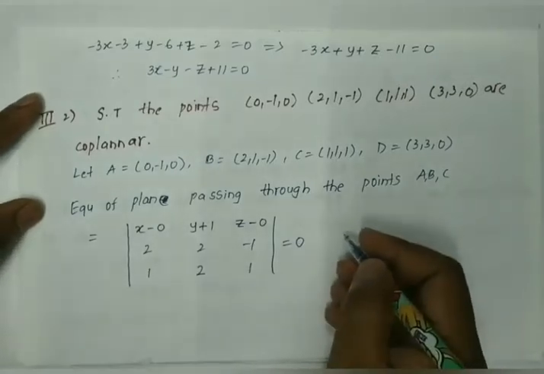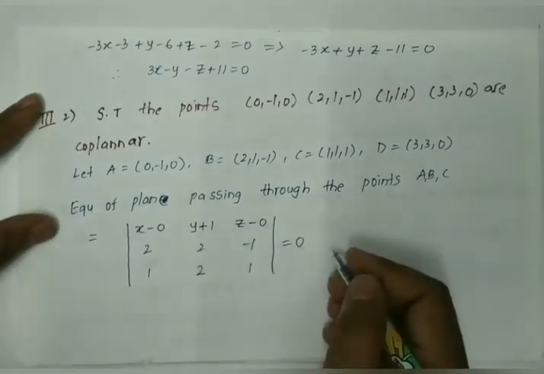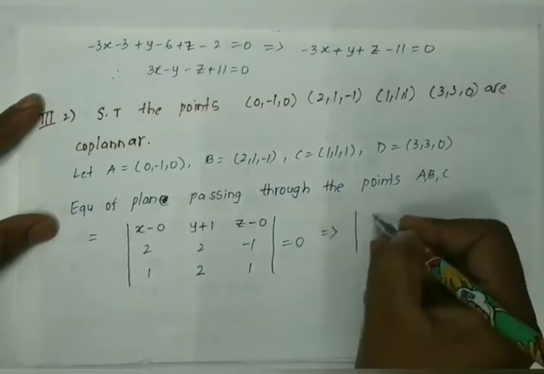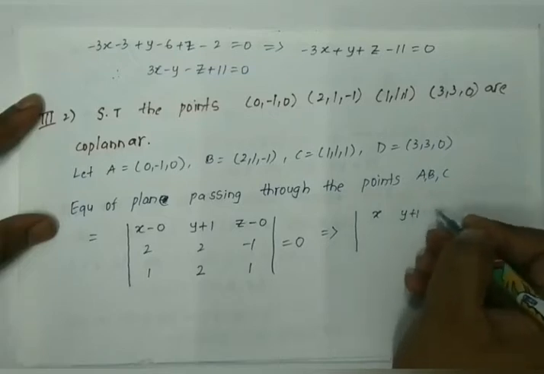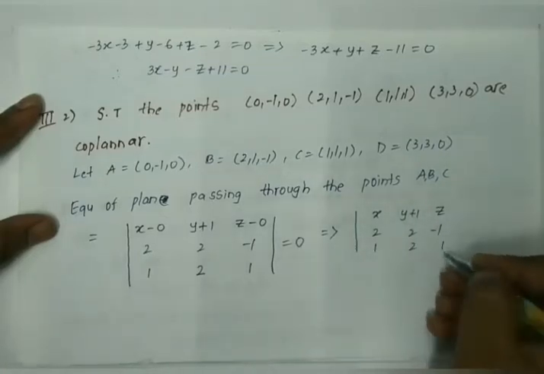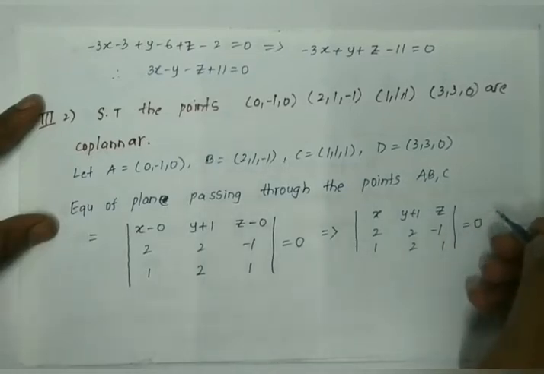So now let us find the determinant of this matrix, which is the determinant of x, y plus 1, z, 2, 2, minus 1, 1, 2, 1, equal to 0.